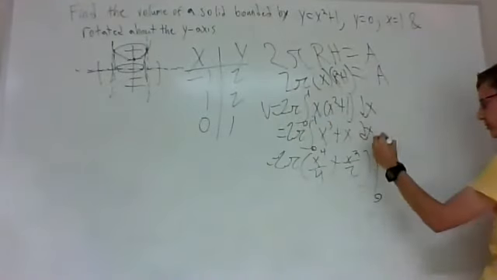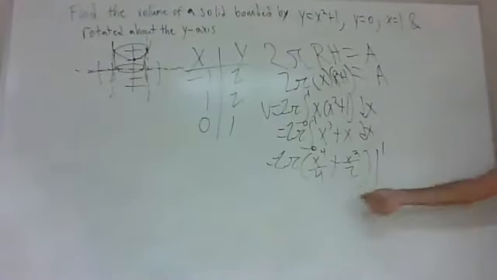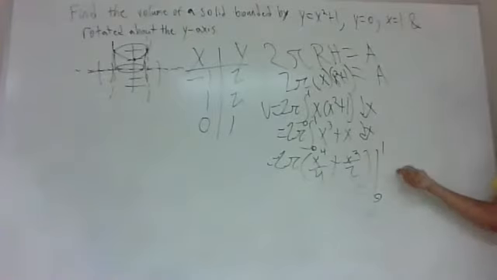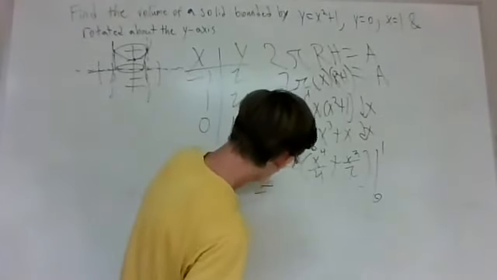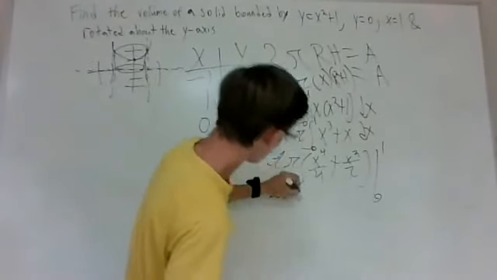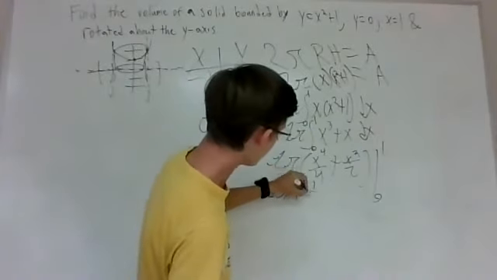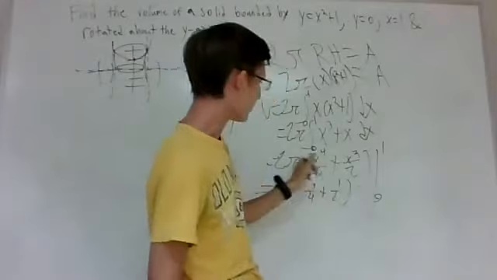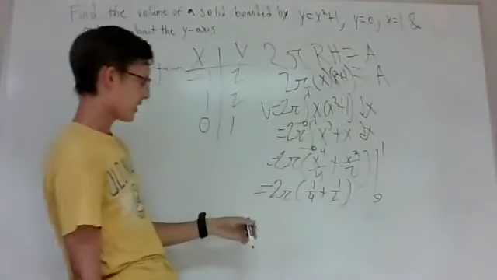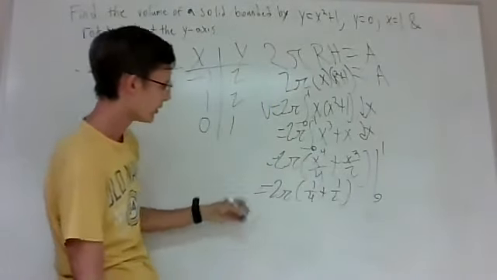So going from 0 to 1. Now we need to plug in our limits into this equation, which would give us 2 pi times 1 over 4 plus 1 over 2, and the rest would be 0, so that won't count.